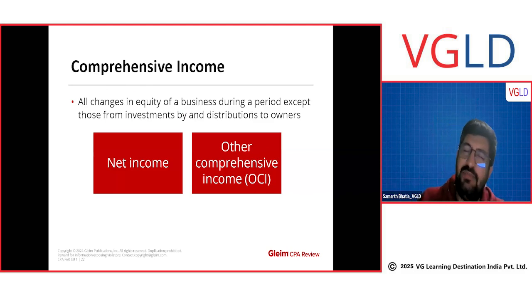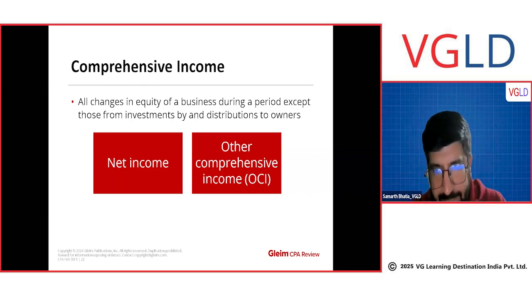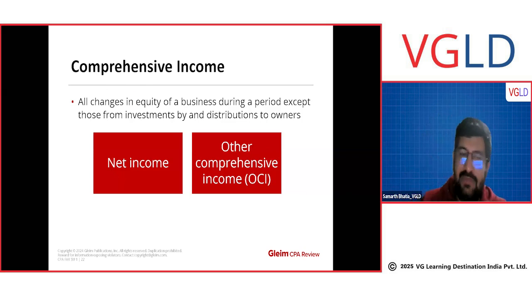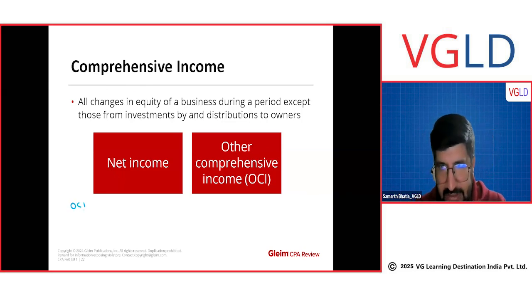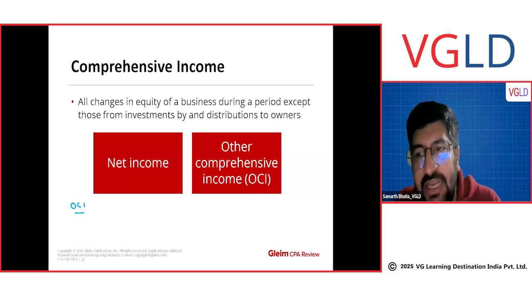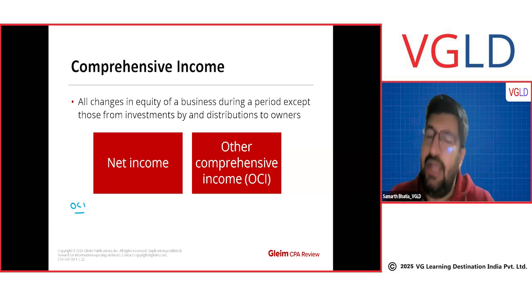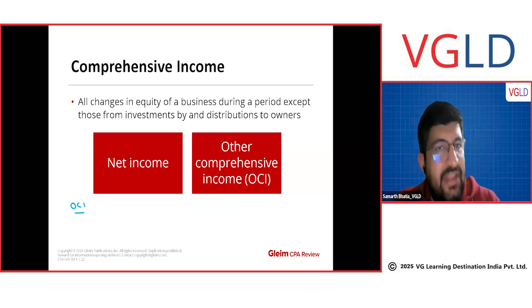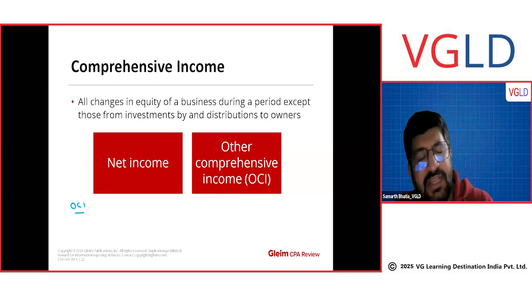So comprehensive income includes two components: one is the net income and the other is the other comprehensive income. Other comprehensive income covers all the items of comprehensive income that are not included in the net income calculation.